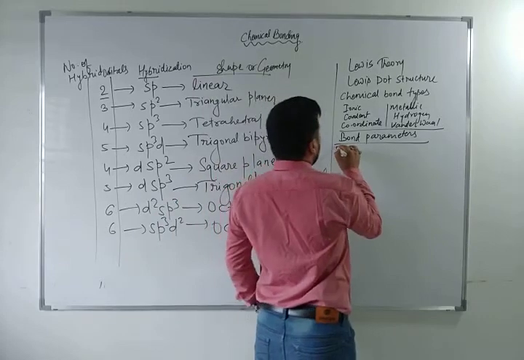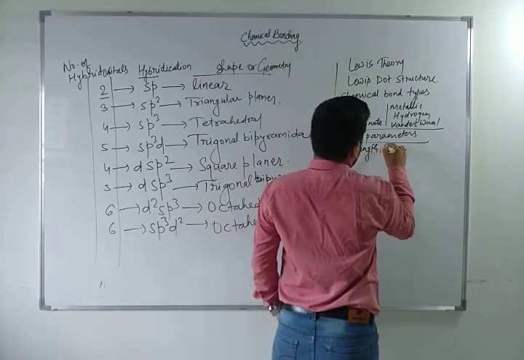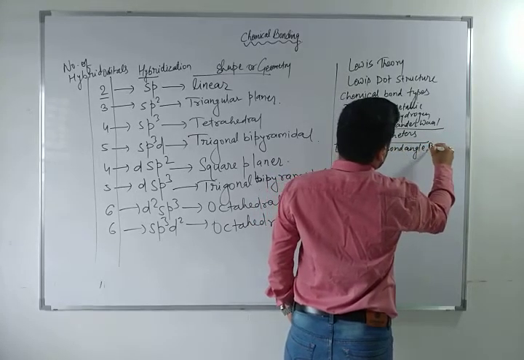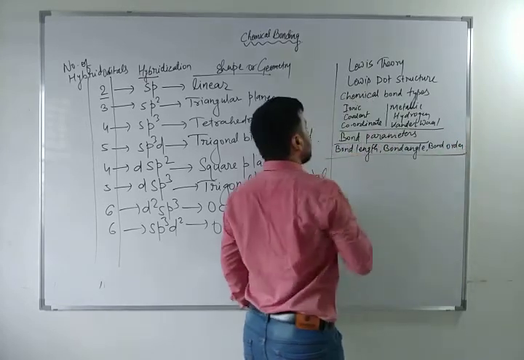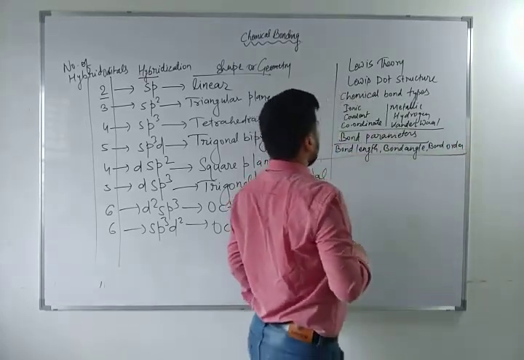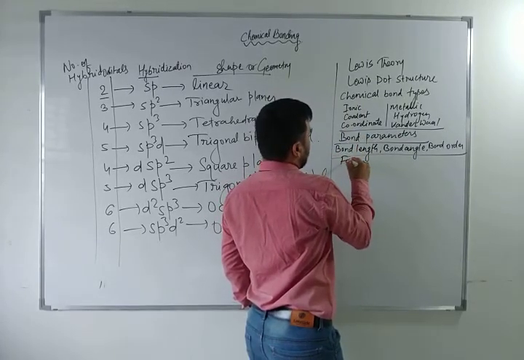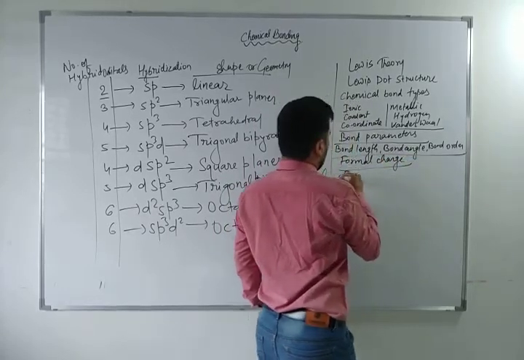Just bond length, bond angle and bond order. These 3 things you have to remember. After that we discussed formal charge, Fajans rule.